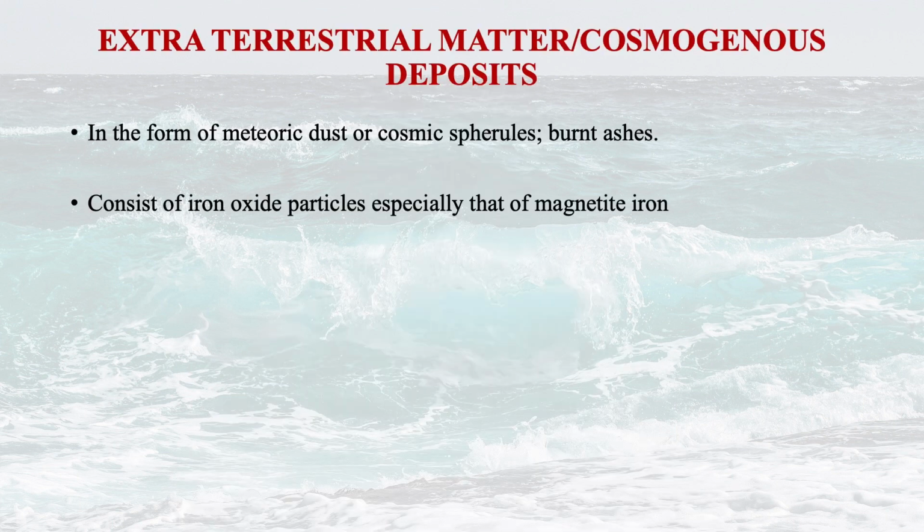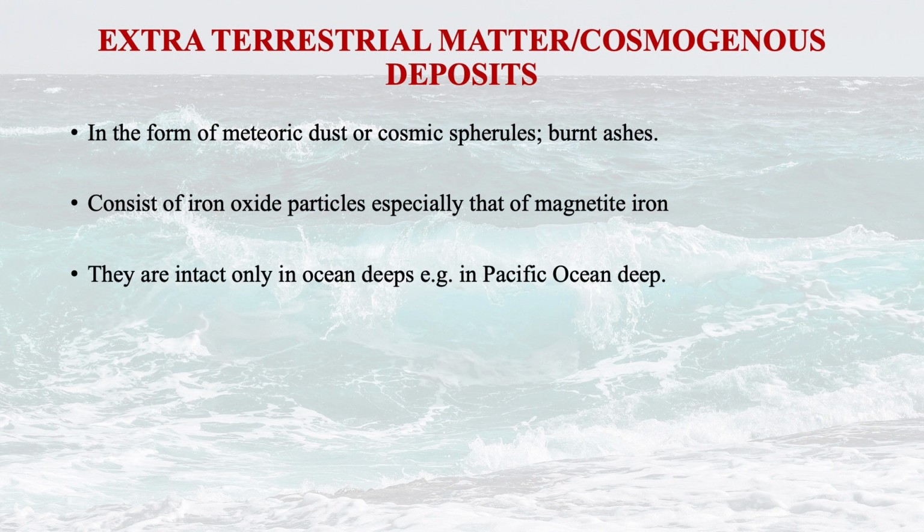These predominantly contain iron oxide particles, especially magnetite iron, and they are intact only in the deep oceans. Otherwise they are mixed with other sediments and are not easily distinguished. In the deep oceans, especially in the Pacific oceanic deeps, they are found.